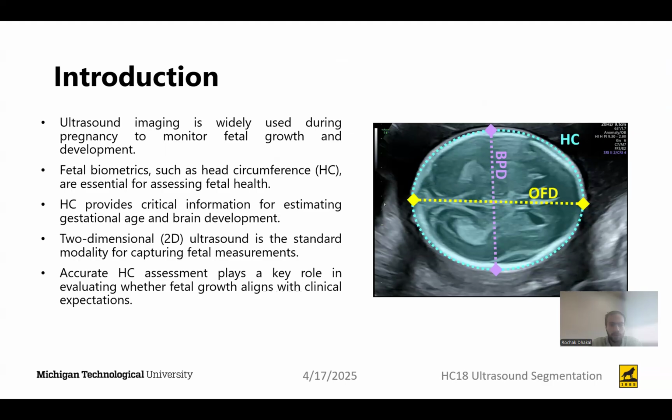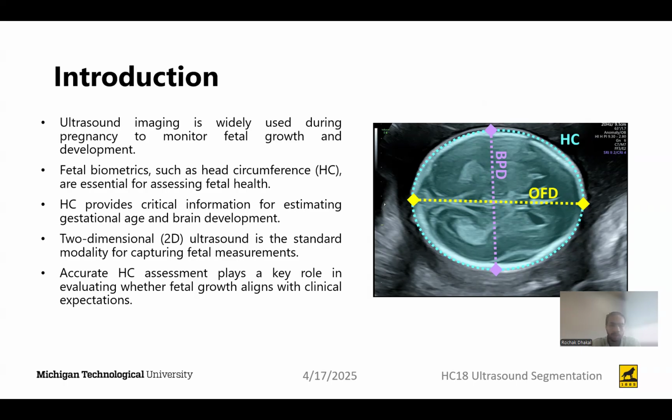Ultrasound imaging is widely used during pregnancy for monitoring the growth of the fetus. Fetal biometrics like head circumference and many others are essential for assessing the health of the fetus. Head circumference provides critical information for estimating the gestational age and brain development.